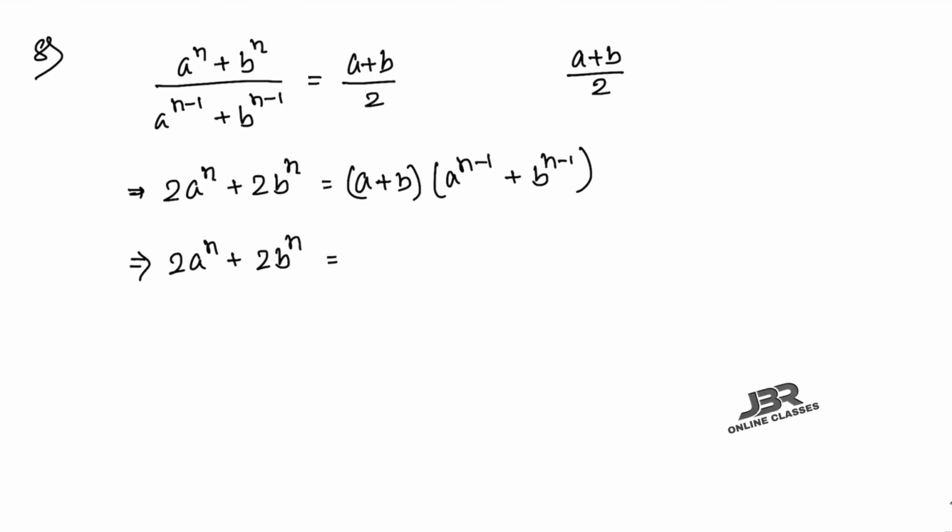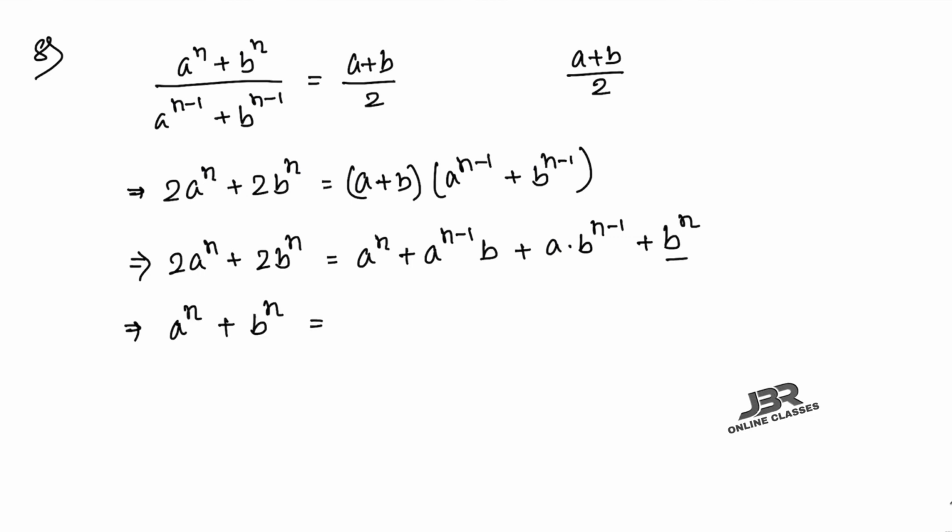If you multiply a with that one, it will be a to the power n, and a into b to the power n minus 1, and the next one only b to the power n. So 2 a to the power n minus a to the power n, it will be a to the power n. 2 b to the power n minus b to the power n, it's b to the power n, and that one equal to a to the power n minus 1 into b, and a into b to the power n minus 1.